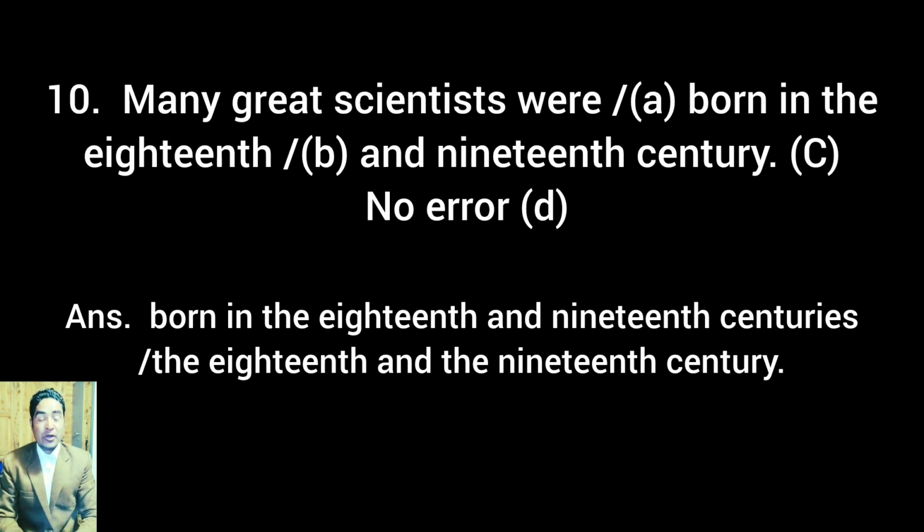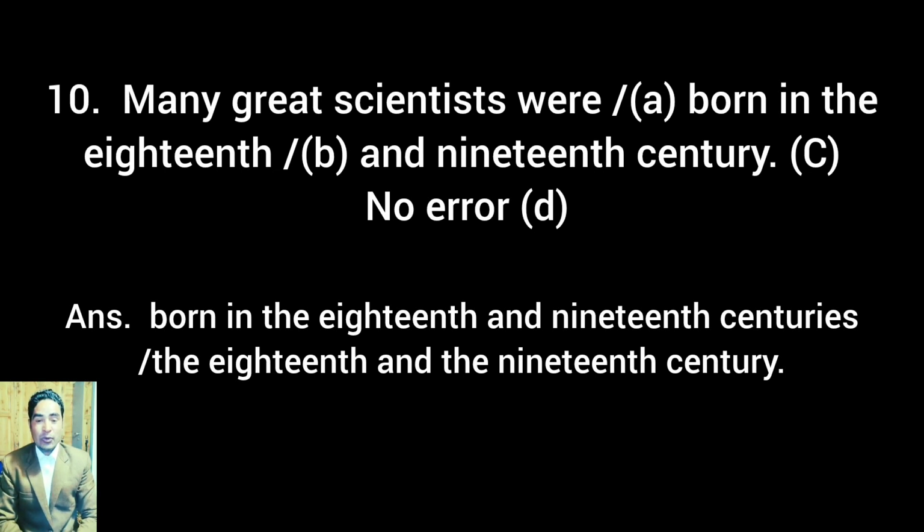Guys, point to be noted, if you write century in plural, you use the article one time. If you use the article two times, then write the noun in singular. For example, the first and second questions of this test, or the first and the second question of this test.